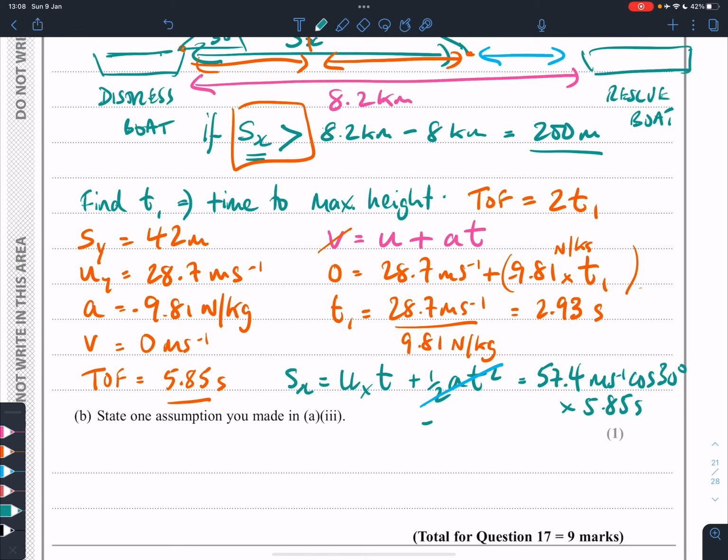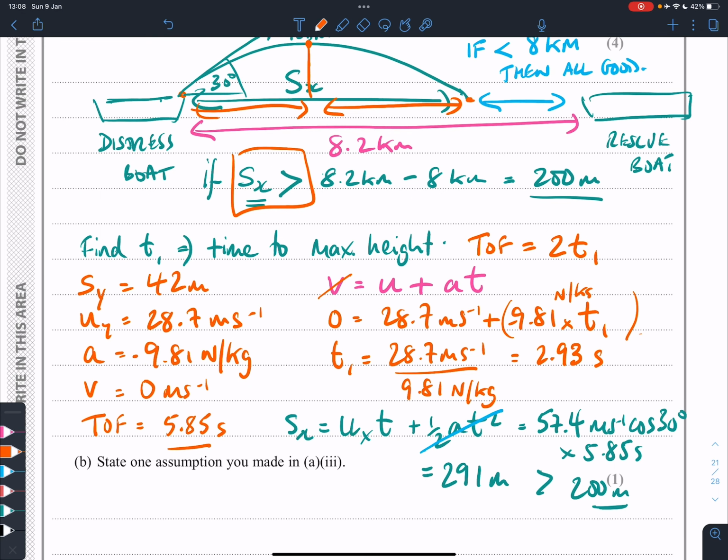It comes out as 291 meters, which is greater than 200 meters. So we're good. Let's go for a different color. Flare is visible.